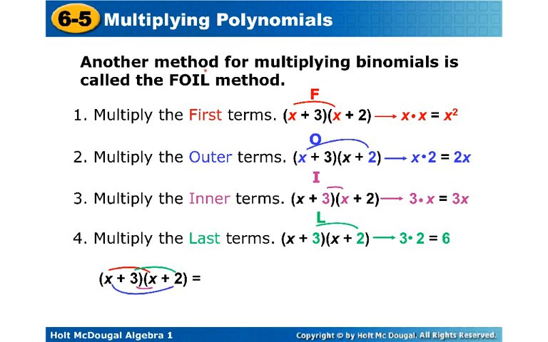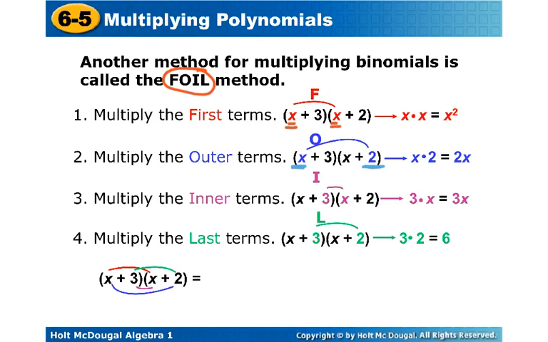So FOIL is an acronym that we use. And what it simply stands for is you multiply the first terms. So what that means is these first terms in each binomial you multiply together. Then you multiply your outer terms. So that means the 2 on the outermost sides of both binomials.